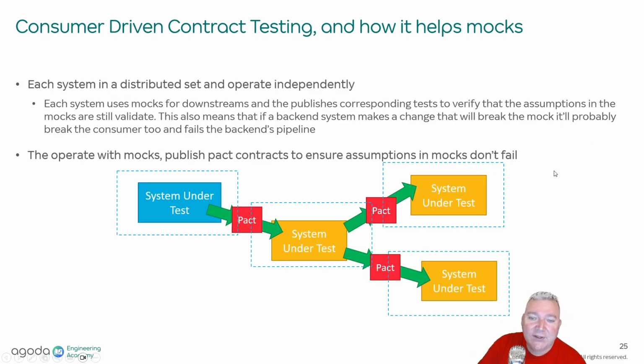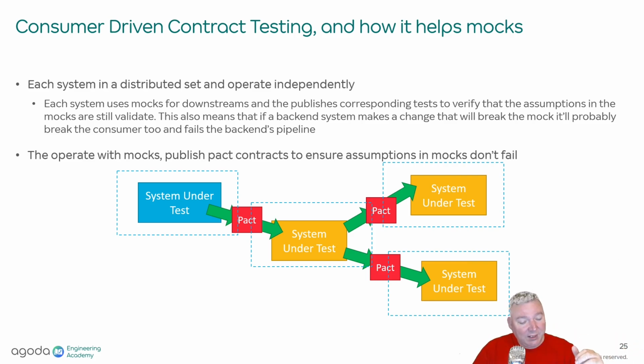So how this works at scale, if we try and scale this out a bit, you essentially end up with end-to-end testing being populated, but it being isolated and distributed into pockets. Each system uses mocks to mock their downstream dependencies, and publishes tests downstream to the dependencies to then run to validate the assumptions in the mocks. It also means if a back-end system makes a breaking change, it'll probably break its pipeline.